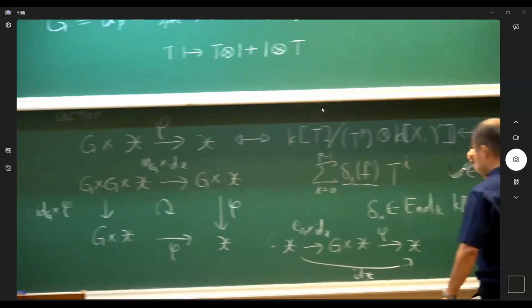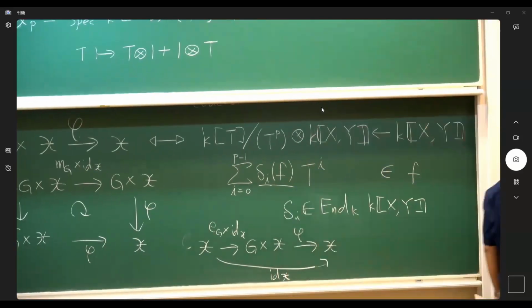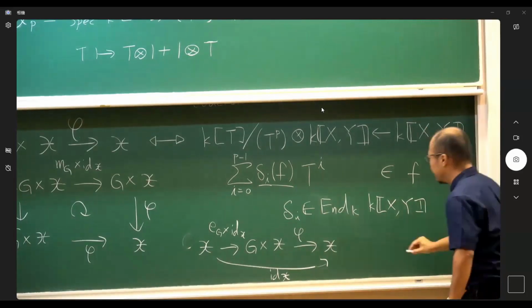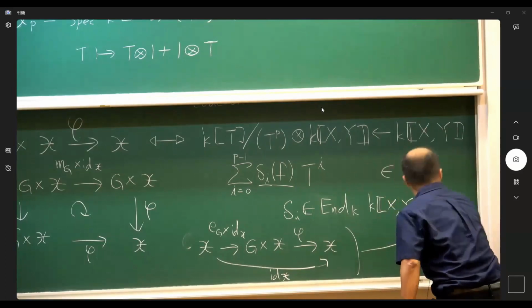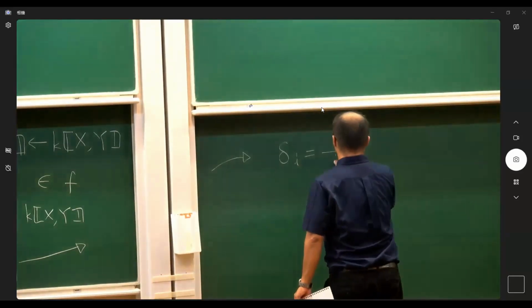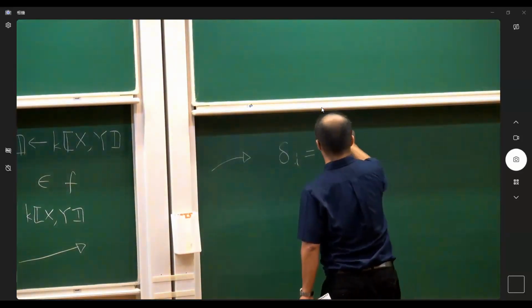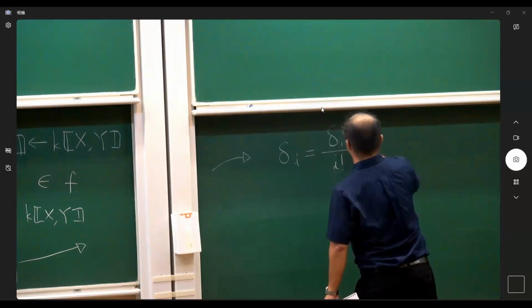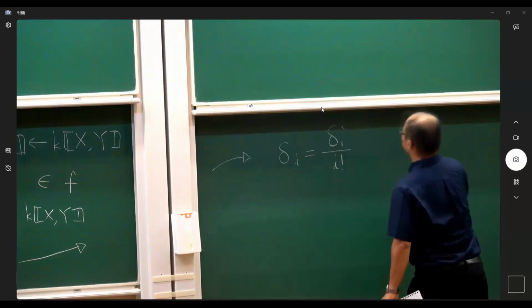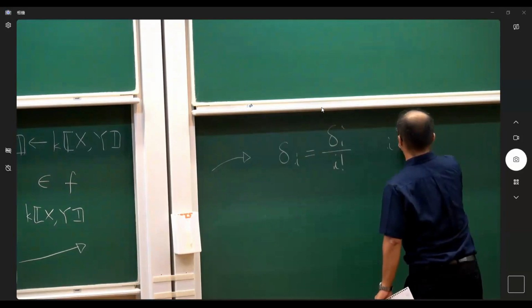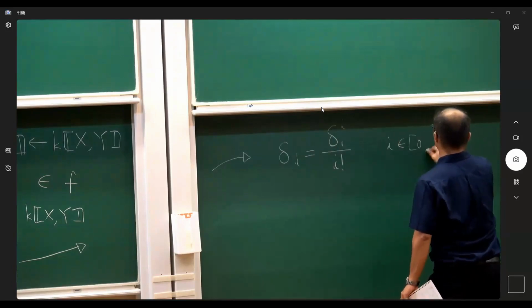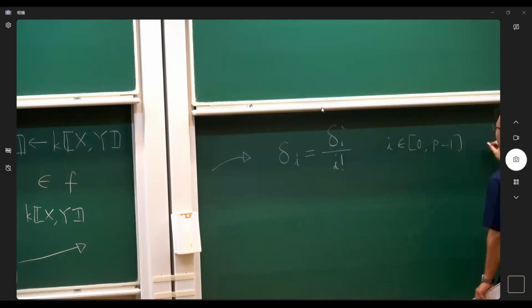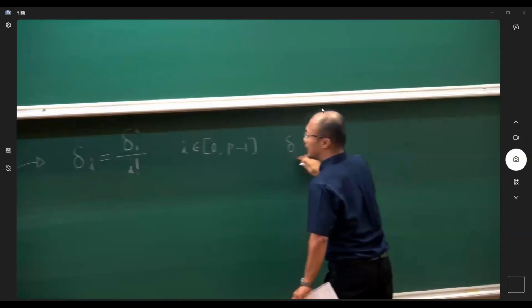Delta i should satisfy these conditions. Delta i can be written in terms of delta 1, where i is 0 to p minus 1, and delta 0 is the identity.